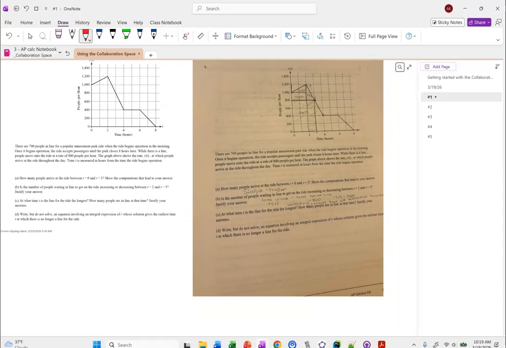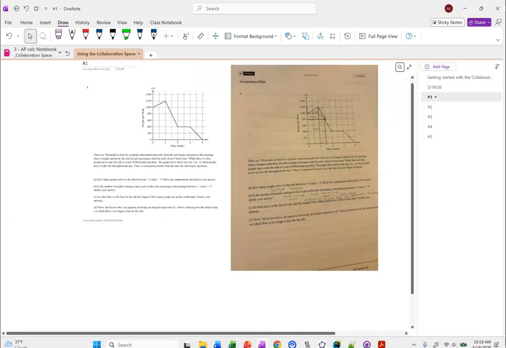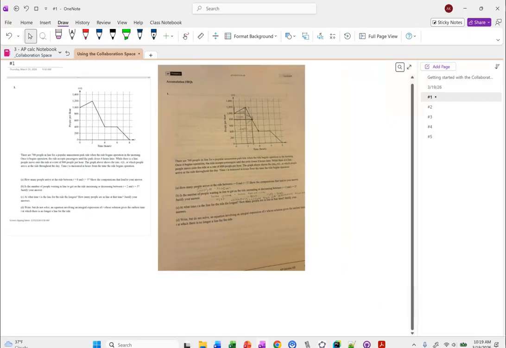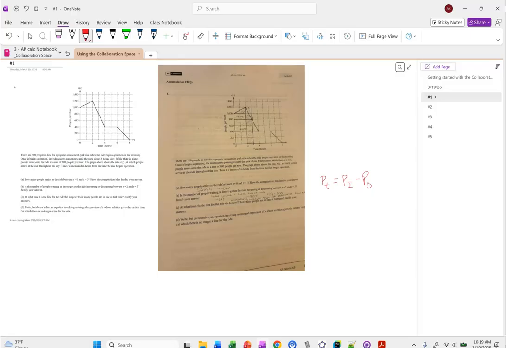All right. Part B says, is the number of people waiting in line to get on the ride increasing or decreasing from 2 to 3? Justify your answer. So they said the total in line minus the total out of line. We should give a little bit more justification of this, like your total population is going to be the people in line minus the people that have gotten out of line or been removed from line.